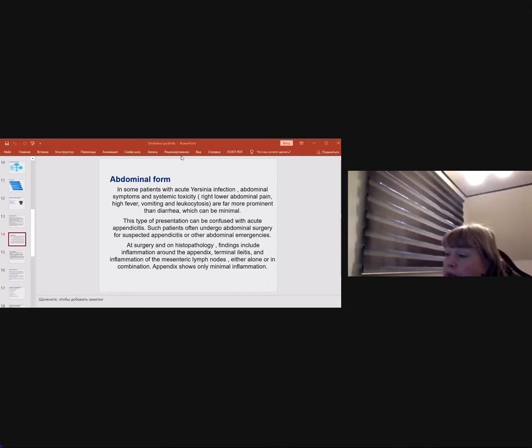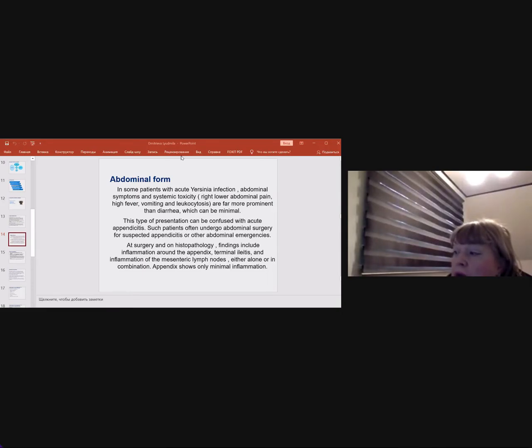And abdominal form of yersiniosis also belongs to the local forms of yersiniosis. And we know about severity in the local forms of yersiniosis, gastrointestinal, abdominal form of yersiniosis.